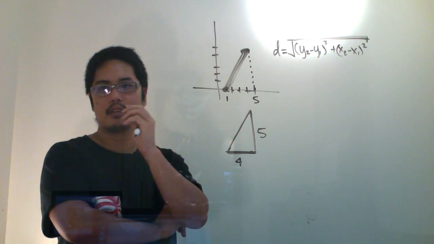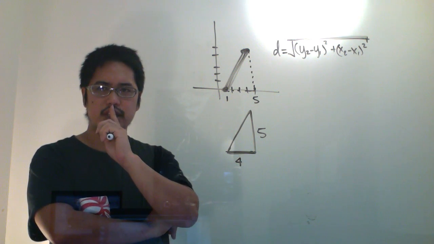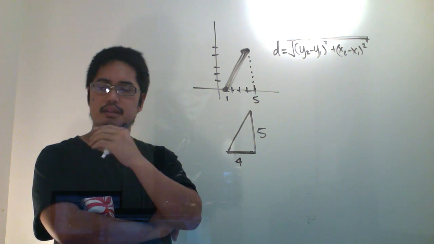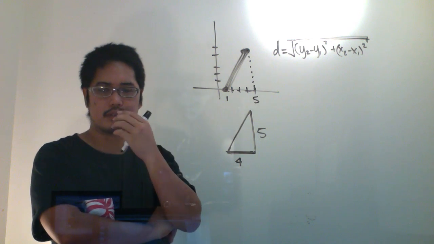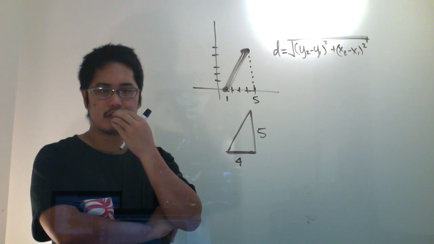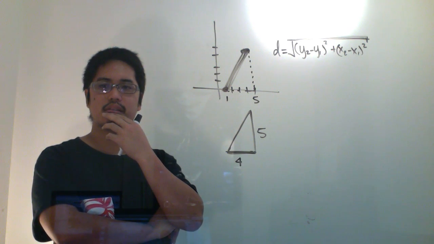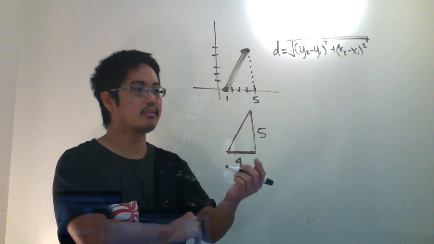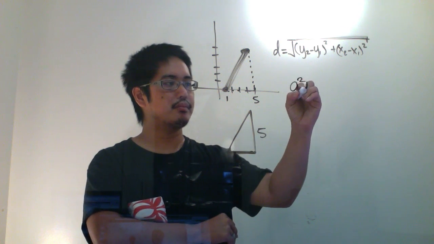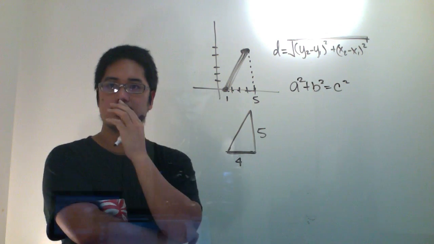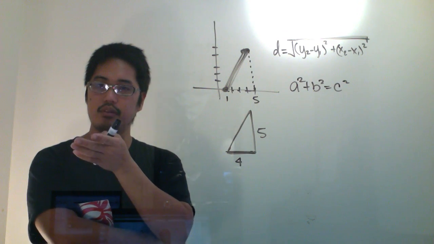What's the only equation that you guys know about triangles? It might be the only equation you've memorized. It starts with a P. There we go. A squared plus B squared equals C squared. Have you seen that before?